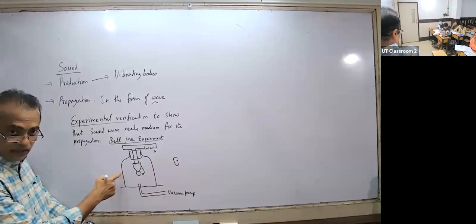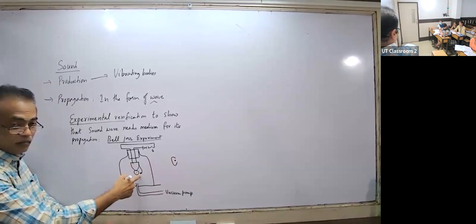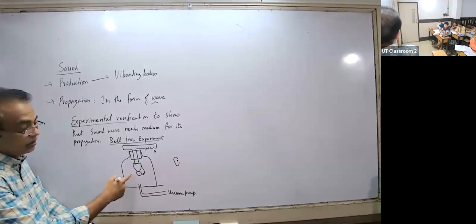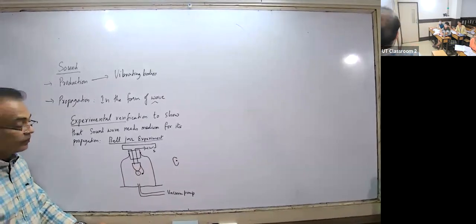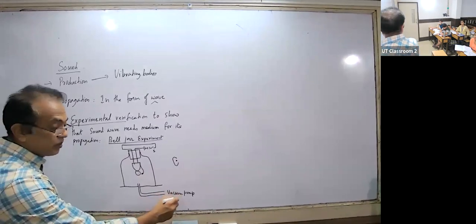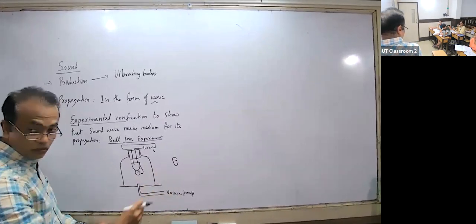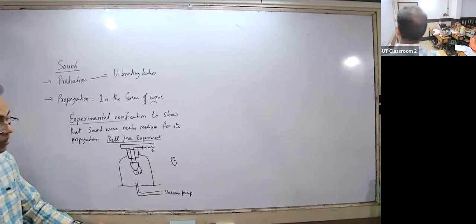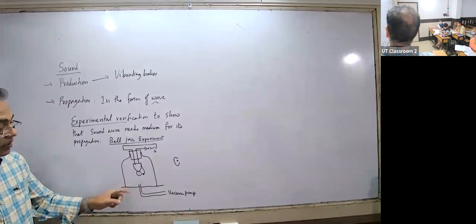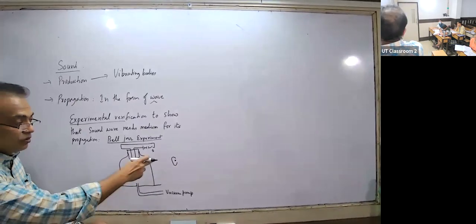Okay, when there is air, that time you can see that the hammer is hitting the gong, and you can hear the sound of the bell. Right? Now, when the vacuum pump is switched on, the air is sucked out. So what remains here is vacuum. Okay. So while the bell is ringing, right, you are able to hear.